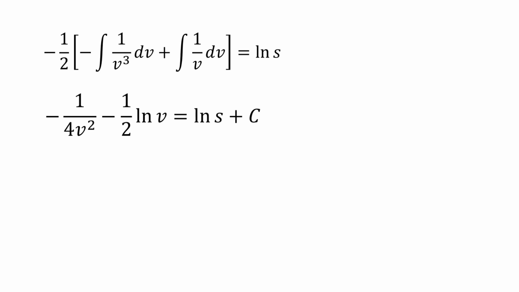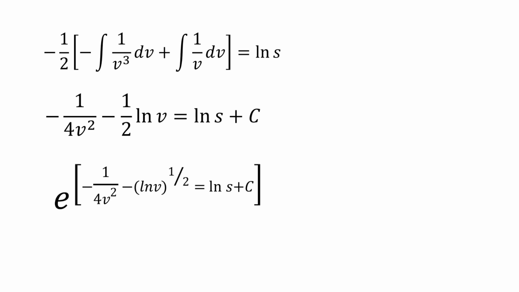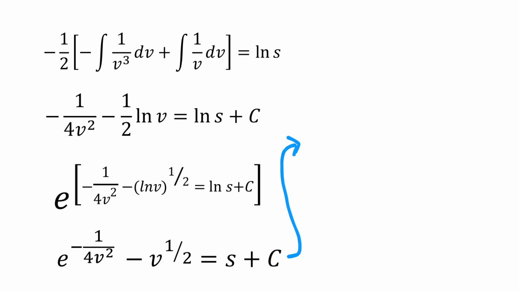Now we have e raised to negative 1 over 4v squared minus v raised to 1 half is equal to s plus c, or e raised to negative 1 over 4v squared minus v to the 1 half minus s is equal to c.